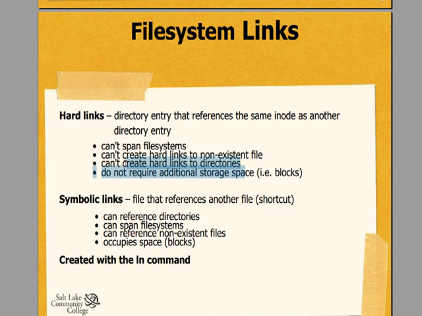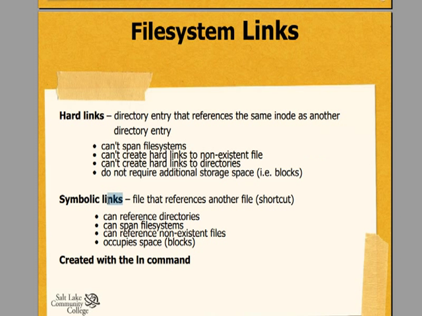You cannot create hard links for directories. And most interestingly of all, they do not require additional storage space. That part takes a little bit of doing to understand, but once you've actually seen them, it will make a lot more sense.